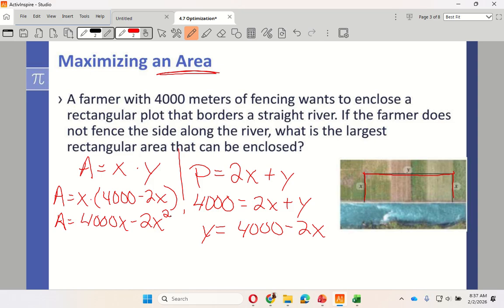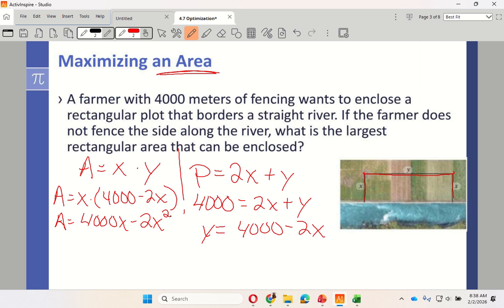There are going to be problems where you have multiple zeros, where one might be a minimum and one might be a maximum. But in this problem, we only have a maximum because it comes out to be a parabola that's upside down.